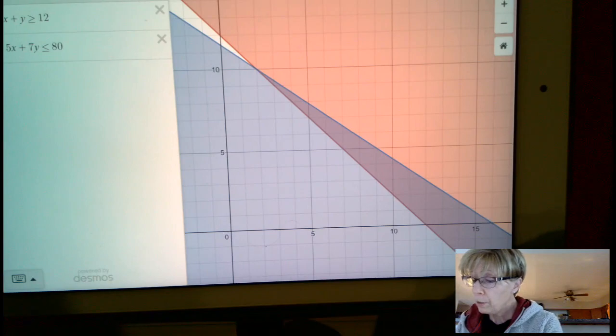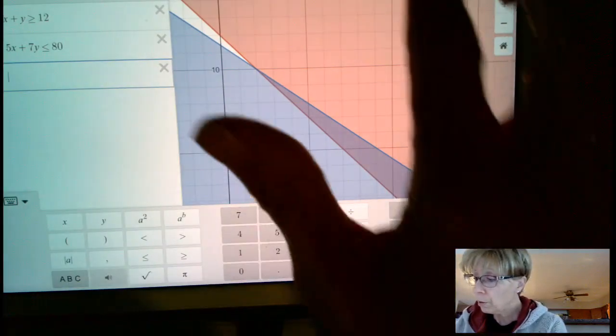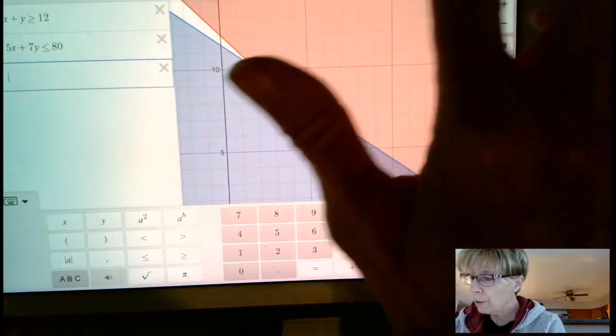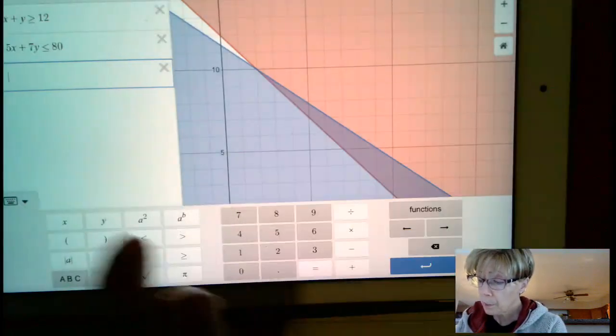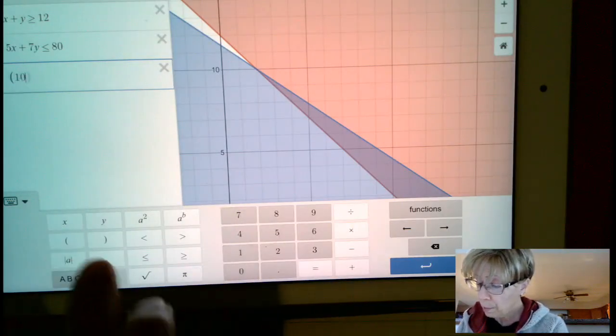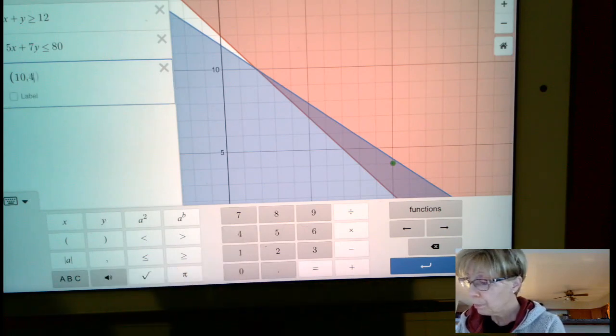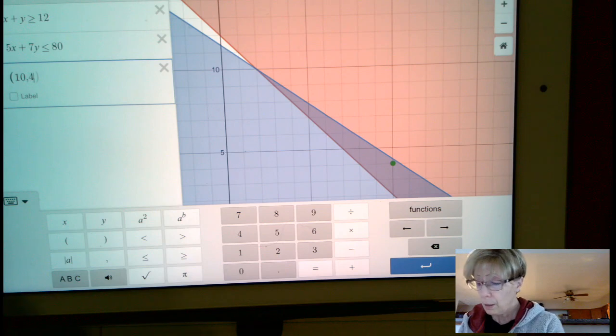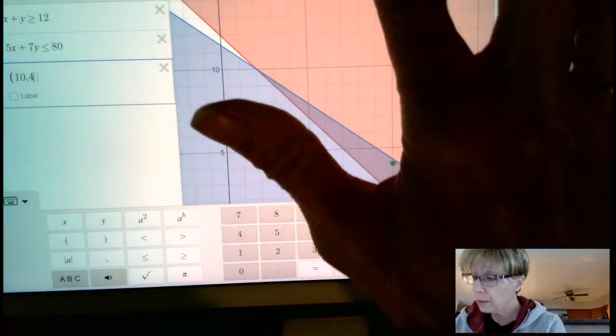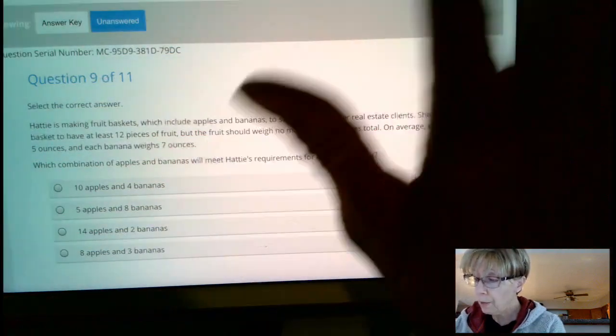And let's go back to the problem here to look at our ordered pairs, even though they're not quite written that way, but it says 10 apples and 4 bananas. So 10, 4. And we might have gotten it right on the first try there, because that's within the shaded area, but let's at least check one more. 5, 8.